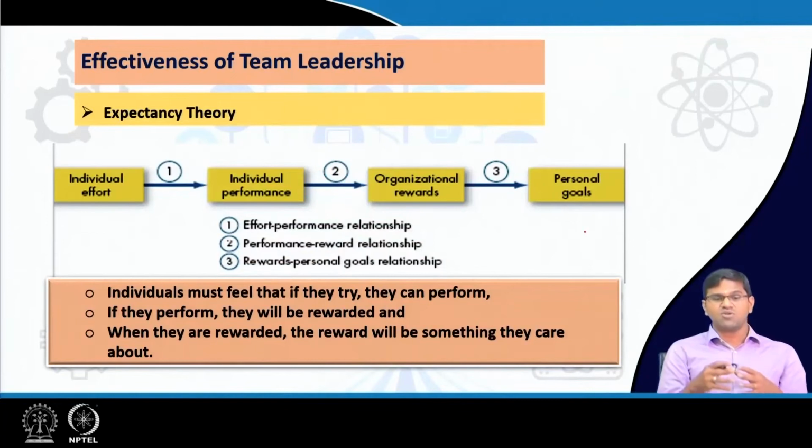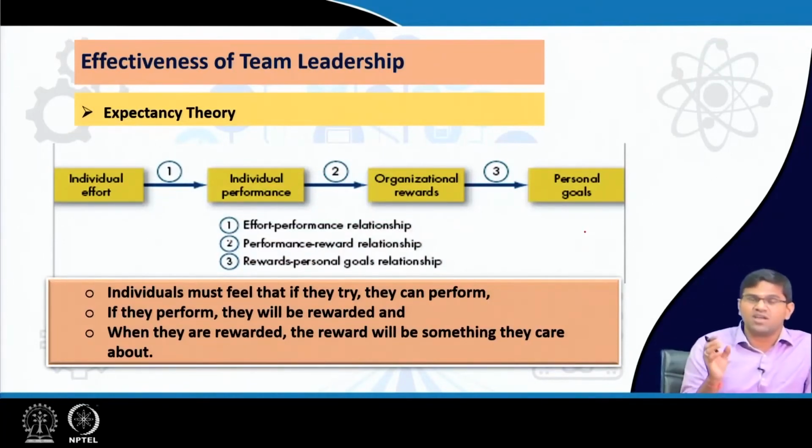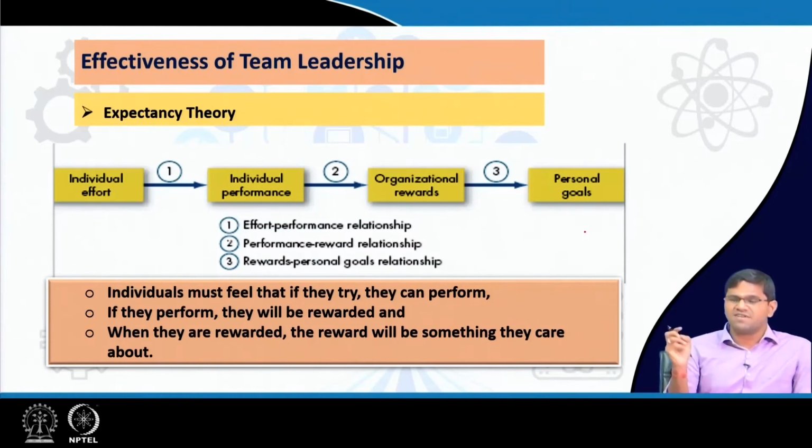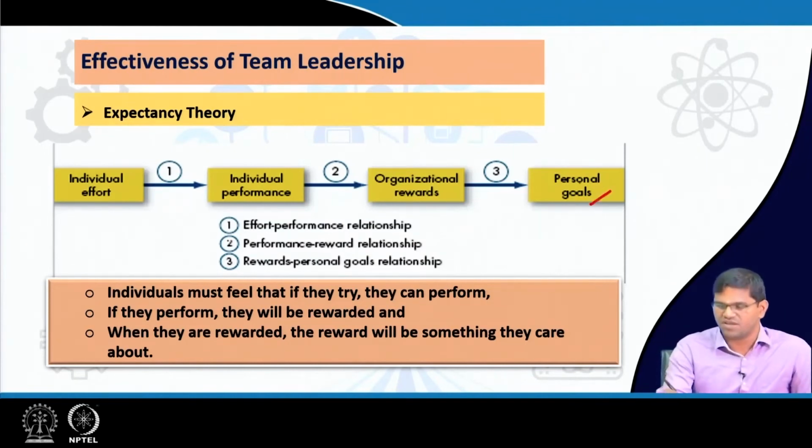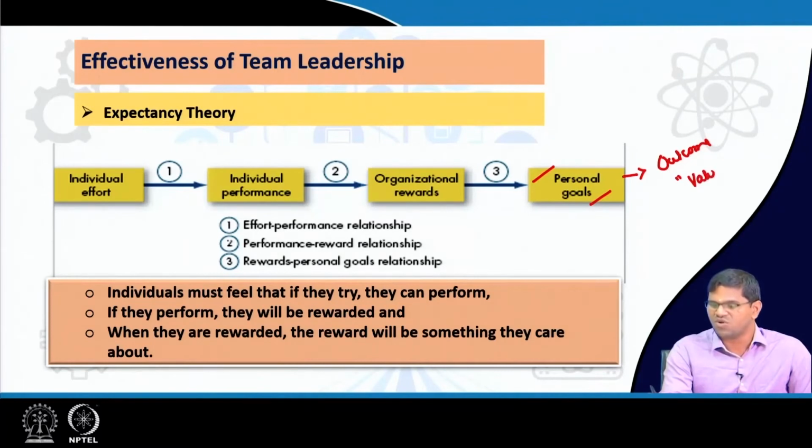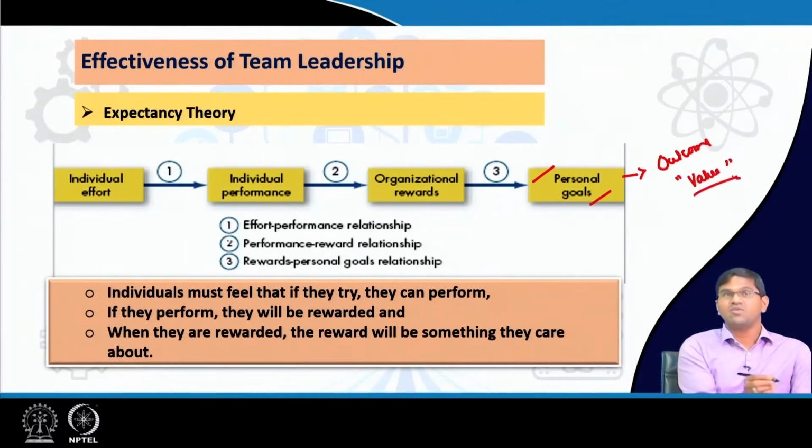Now the next one is expectancy theory. In any instance, an individual will always have certain personal goals. This is the end outcome, where I have some goals or values which I look for. To get this end outcome, I will relate a relationship.